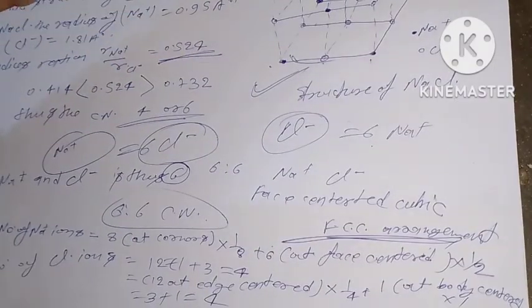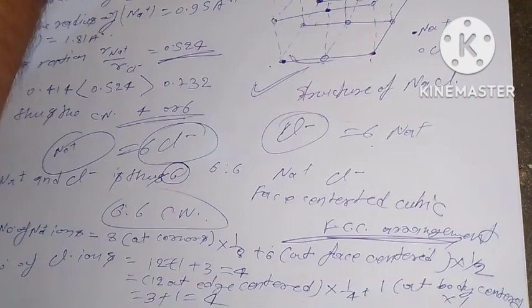Thus, the number of sodium chloride units per unit cell is 4. For each chlorine ion, there is 1 sodium ion. This fulfills the stoichiometry of sodium positive ions and chlorine negative ions.